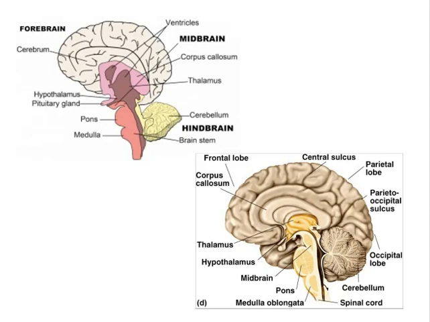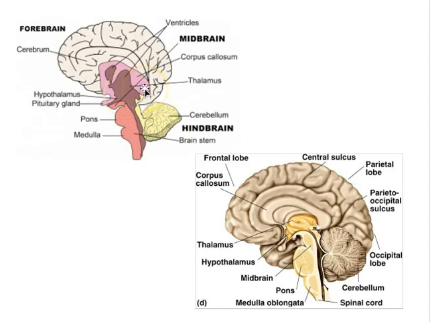On this slide, we have 2 drawings of the brain that's been cut in half into left and right cerebral hemispheres and remaining structures of the brain. Up on the top left, we can see the cerebrum. We can see the thalamus and the hypothalamus in this darker brownish red color.